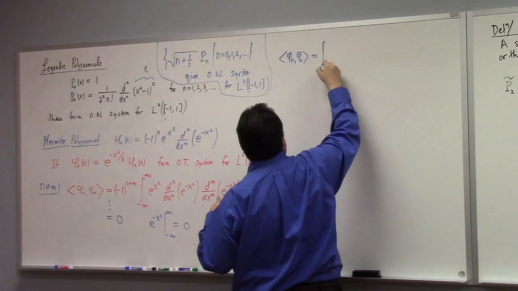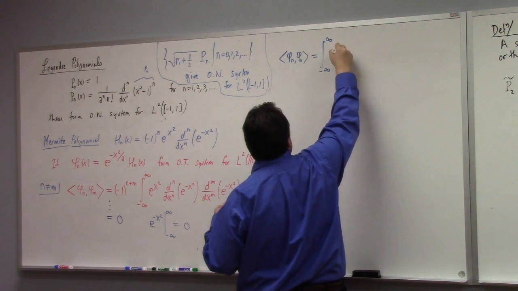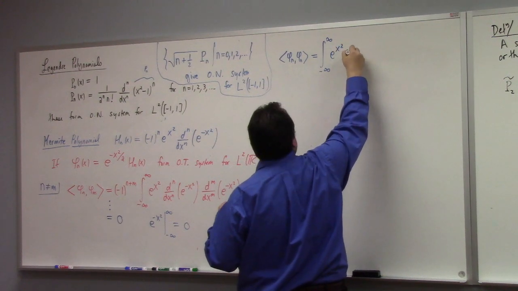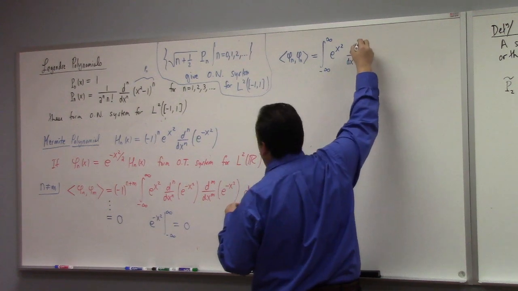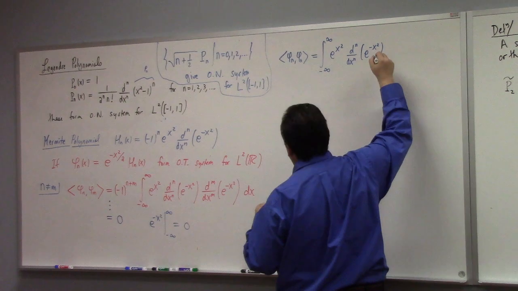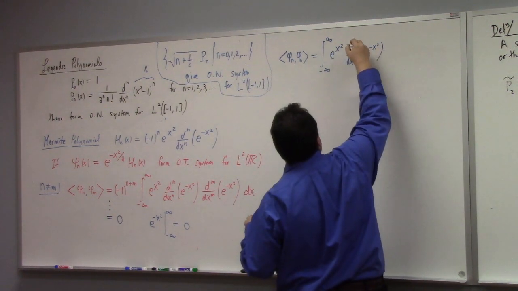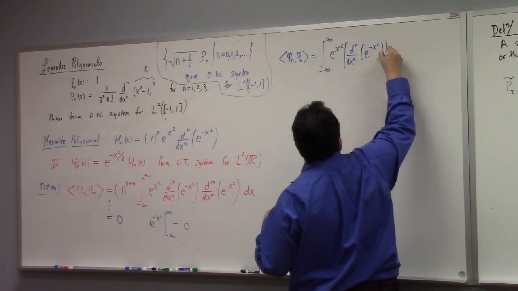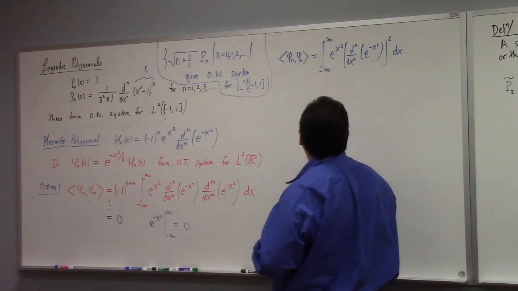So it's just the integral from minus infinity to infinity of e^(x squared) times the nth derivative of e^(-x squared), and you have 2 of those. So I guess I could square it if I wanted to, right? That's what you're integrating.